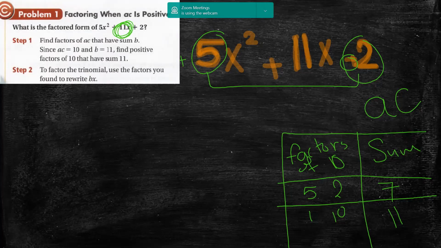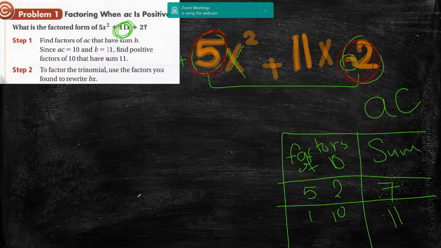Yes. Teacher, how is AC 10? I don't understand it. Look at the coefficient of x squared here. What's the coefficient of it? 5. And what is the coefficient of c here? 2. 5 times 2 is 10.